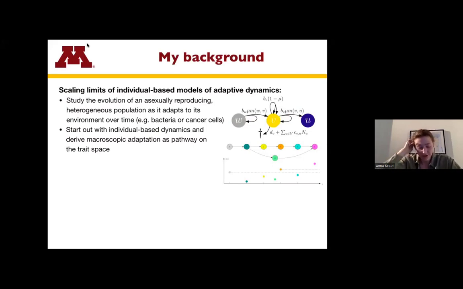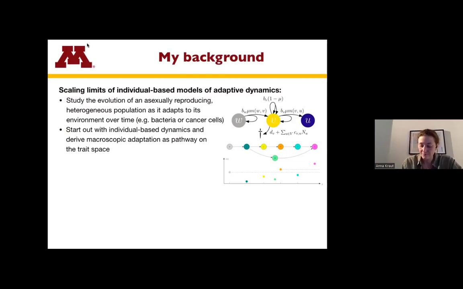And the underlying question is that we're starting out with a model that is defined via individual-based dynamics. So we're looking at rates of single cells dying or proliferating. But what we want to derive in the limit is the macroscopic picture, where we obtain from this the general motion on the space of potential traits or types over time, due to mutations and selection going on.